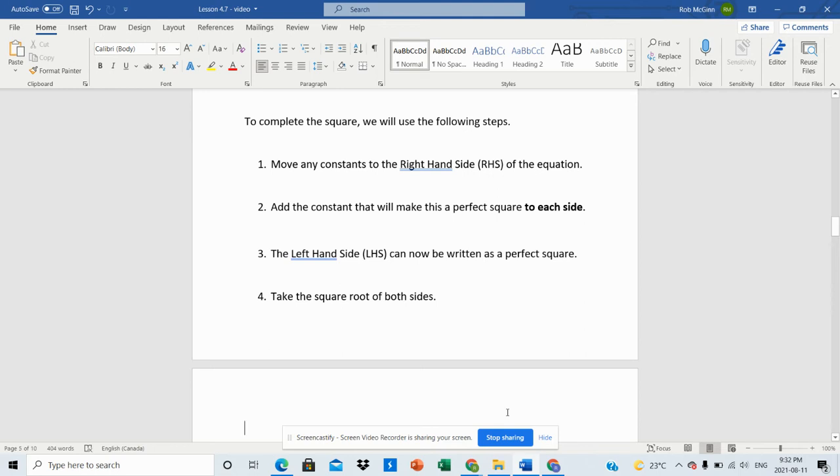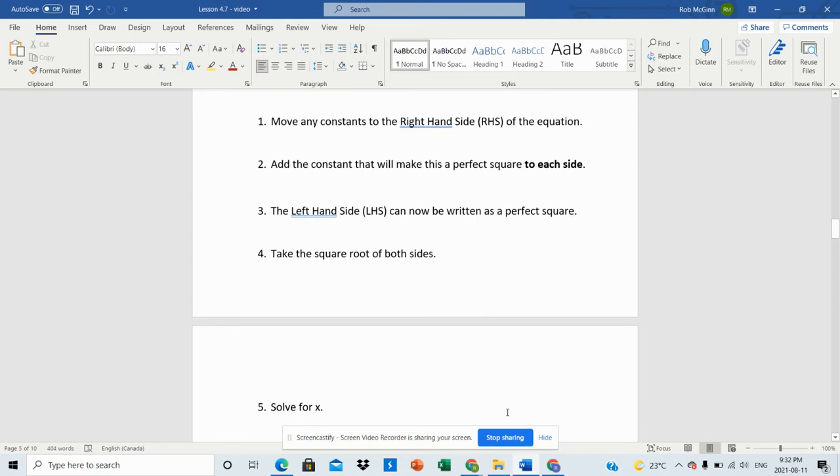Then we're going to take the square root of both sides and then solve for x. And when we solve for x, we're going to find that we're either going to have 0, 1, or 2 answers, and those are our x-intercepts. So very similar to the quadratic formula, which we just learned about in the last lesson. All right, so let's see this in action.